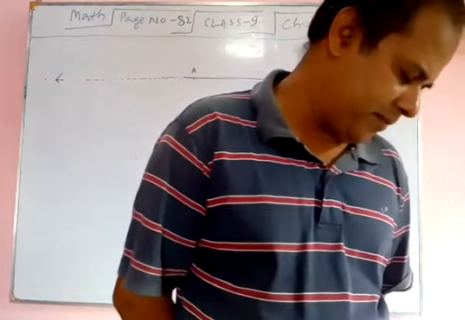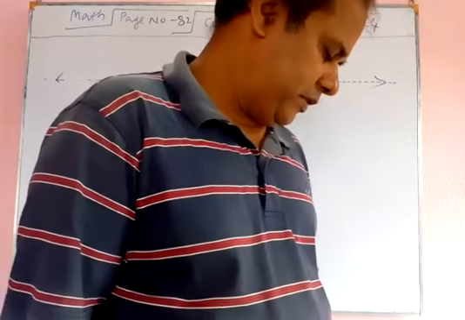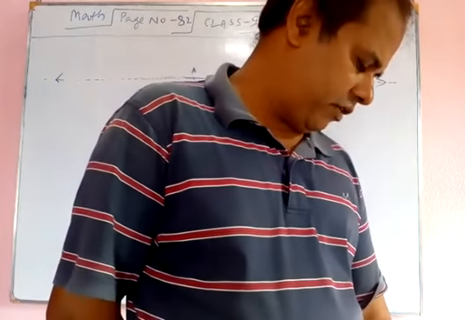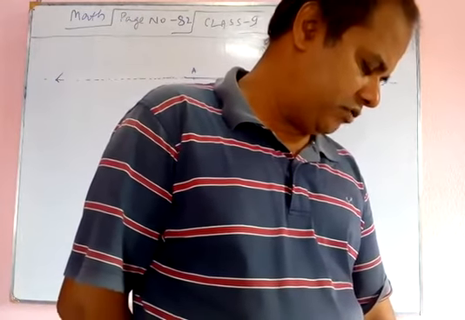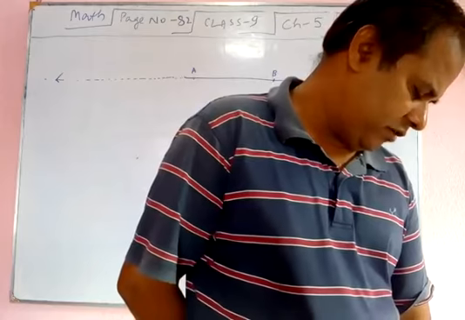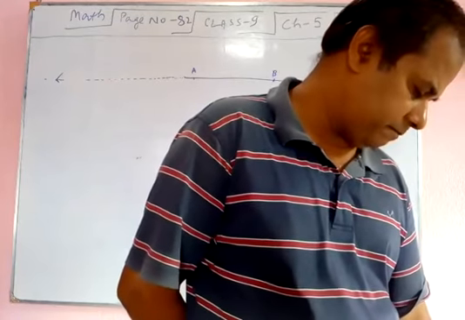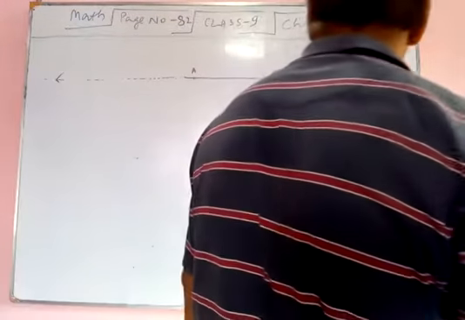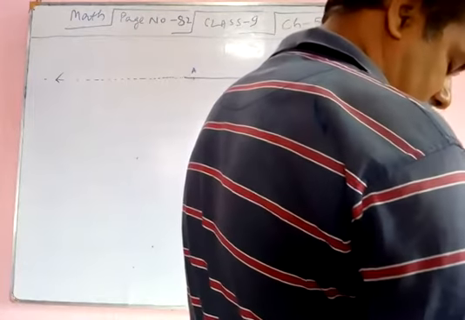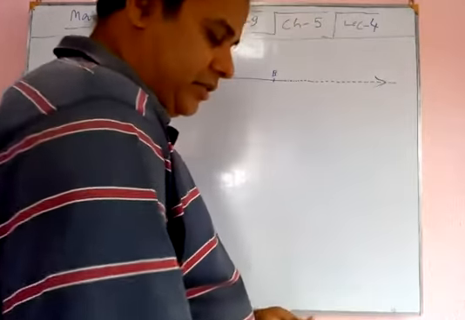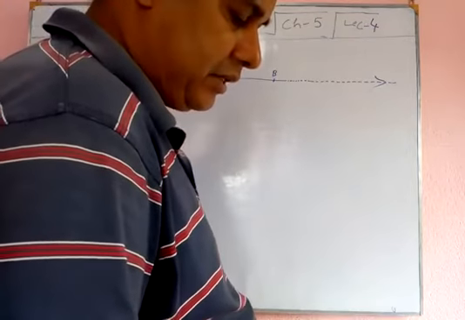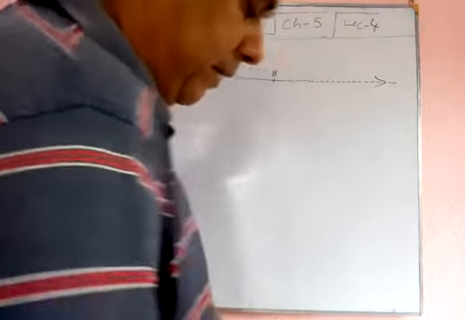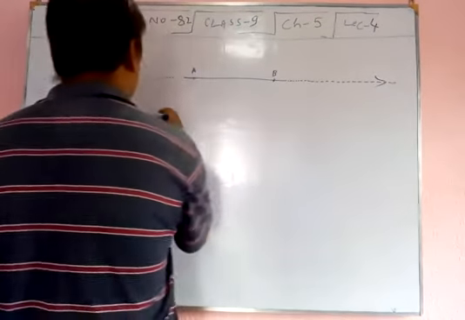In the next few chapters on geometry, we will be using these axioms to prove some theorems. Now let us see the following examples of how Euclid used his axioms and postulates for proving some results. Example number 1: if A, B and C are 3 points on a line and B lies between A and C, then prove that AB plus BC is equal to AC.